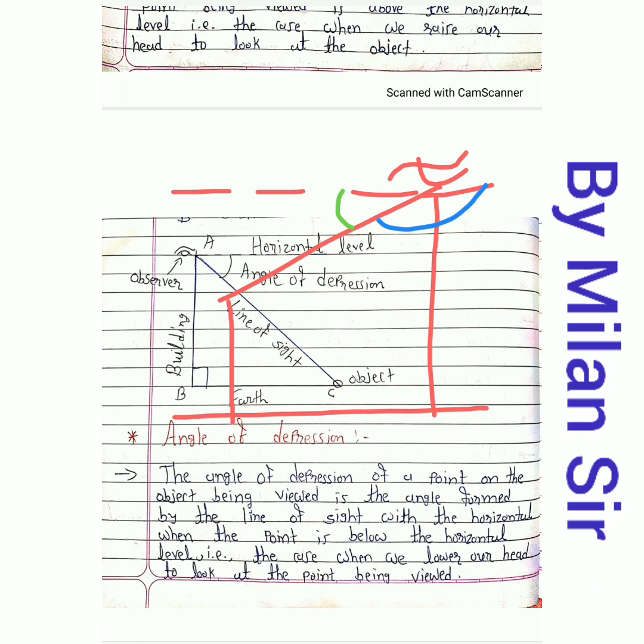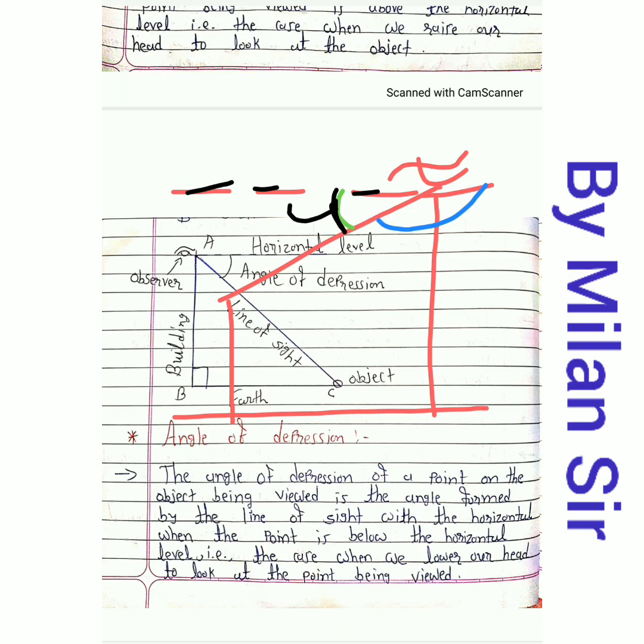In a right angle triangle, one angle is 90 degrees, so the other angles need to be acute angles, right? So in this situation, total two angles are present between the line of sight and the horizontal level, but we need to consider this acute angle, because in a right angle triangle the other two angles are acute. That's why we consider this angle.